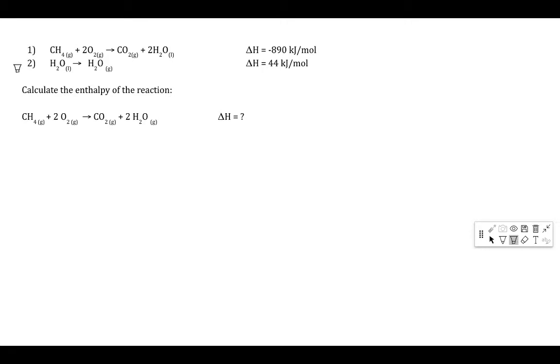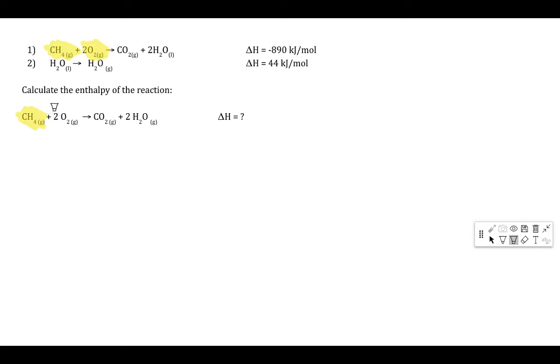I want to compare each reference equation to the target equation to see if I need to make any changes, right? So looking at the first one, I'm going to compare. A bunch of these are the same. So I know that there's CH4 gas, the coefficient is the same, and it's on the same side of the arrow. They're both reactants, so I'm good with that.